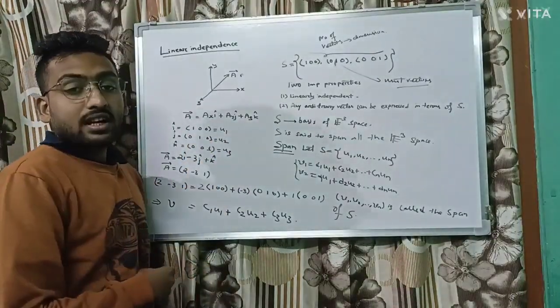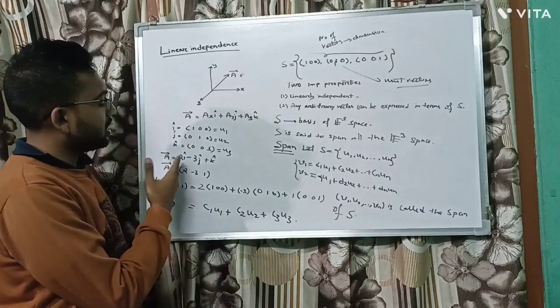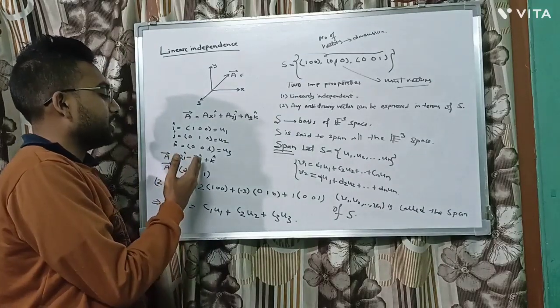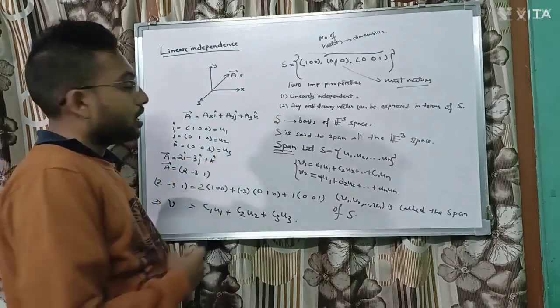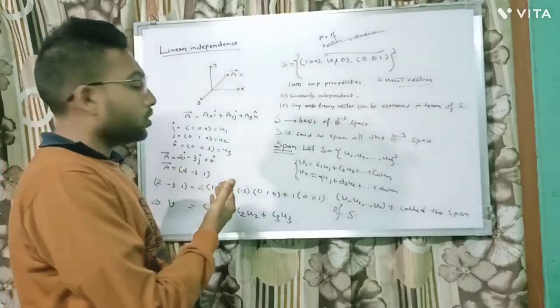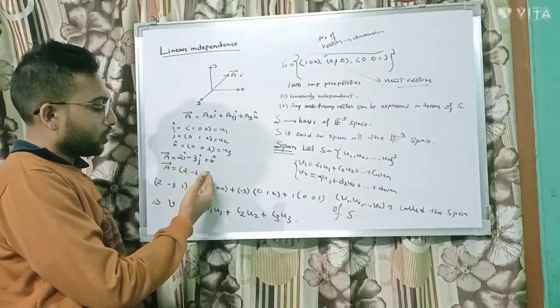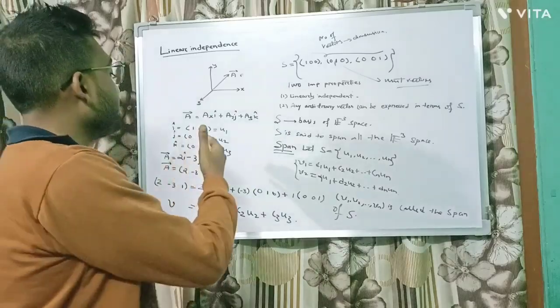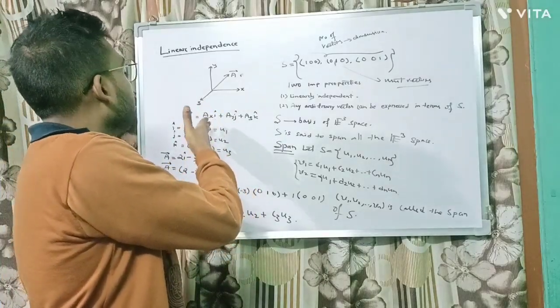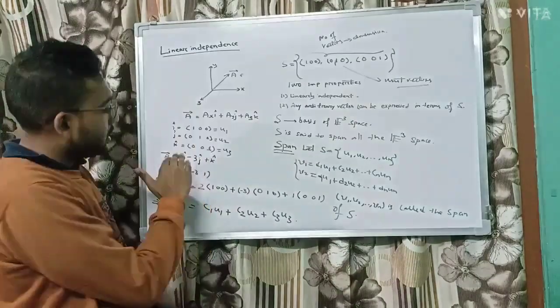Suppose I consider a vector a equal to 2i minus 3j plus k cap. This can also be written as a 3-ordered tuple, (2, -3, 1). So with the help of these unit vectors, we can express this vector.